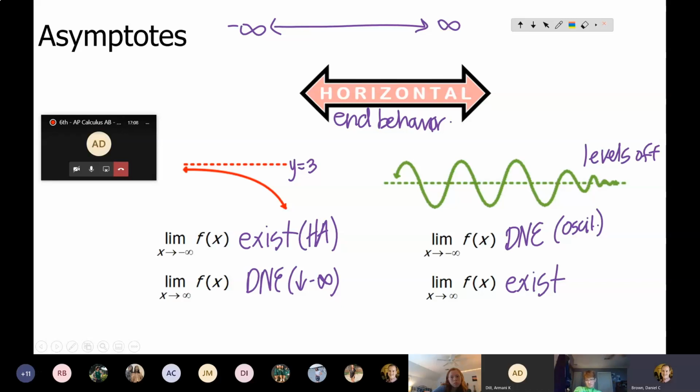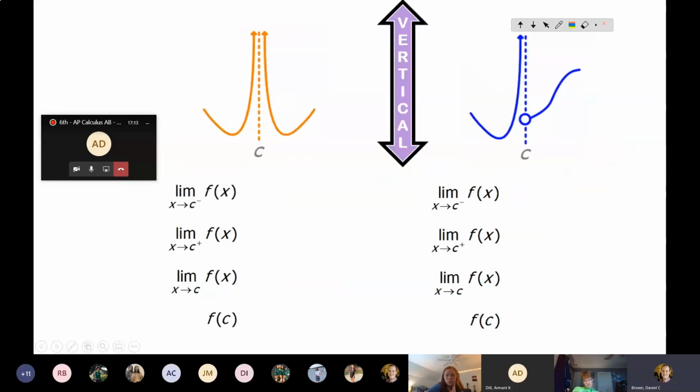All right, so let's pull all of this together. Some students I find like limits graphically just clicks with them. And so here are vertical asymptotes. I have 4 statements underneath each picture. So I have the orange one and the x value of c, and then I have a purple blue one with the x value of c. And I'm asking about the limits from the left, the right, both sides, and the value.